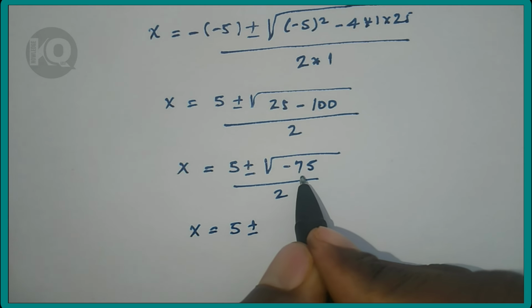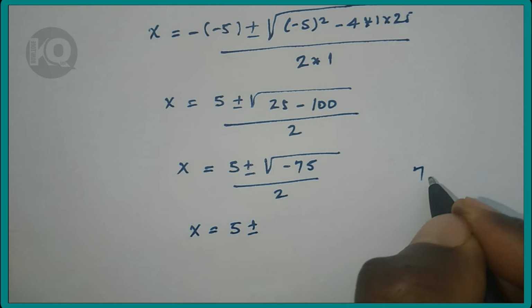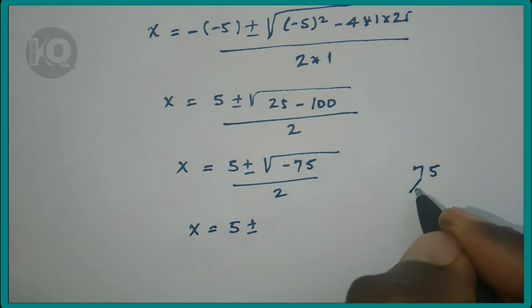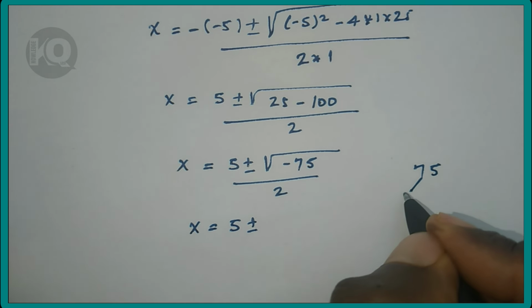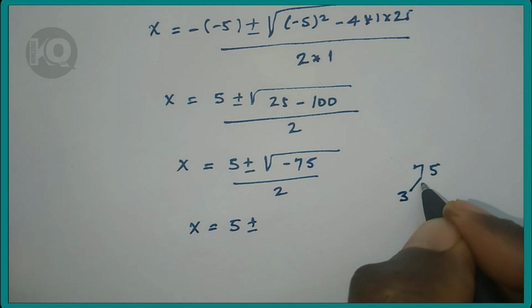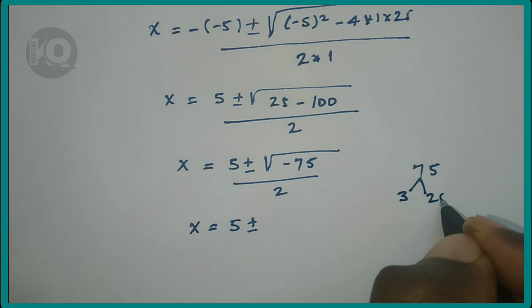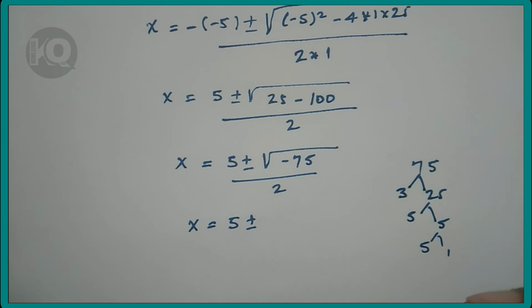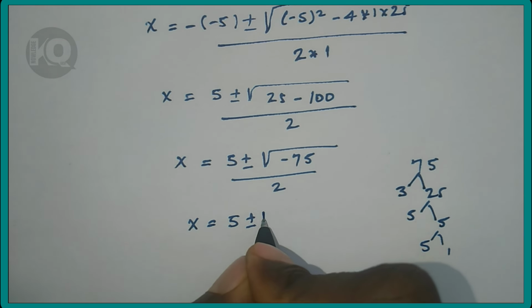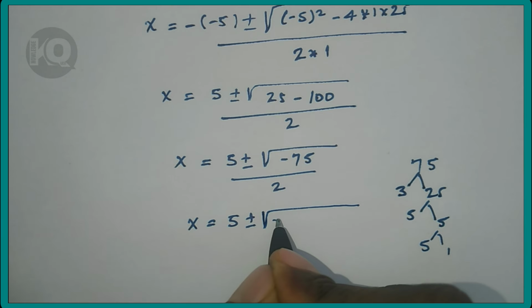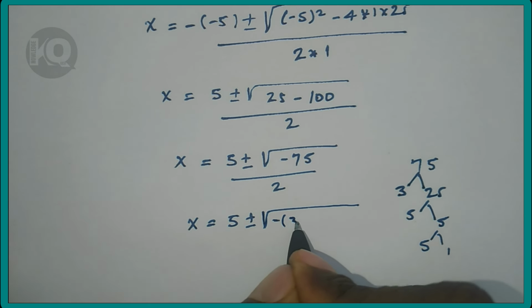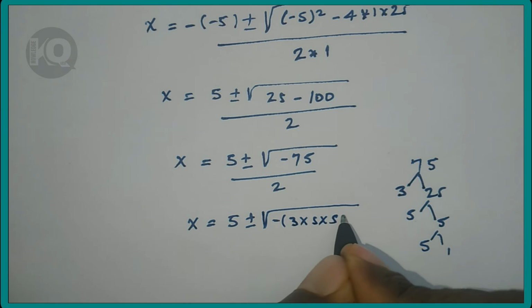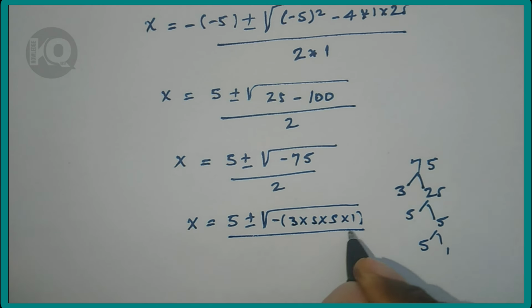Let us factorize this 75. 75 can be divided by 3, so 75 by 3 is 25, then by 5, 5, 1. So this minus 75 will be the radical of minus 3 times 5 times 5, over 2.